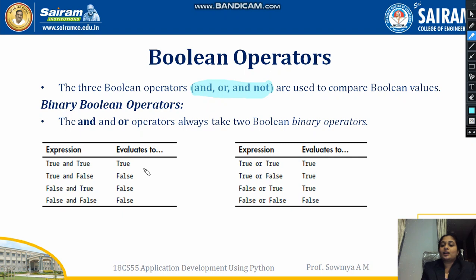This is like the truth table for the boolean binary operators. True and True is True, False and False is False, True and False, False and True is also False. If you take the OR operator, if any one is True then it will be True; only if both are False will it be False.